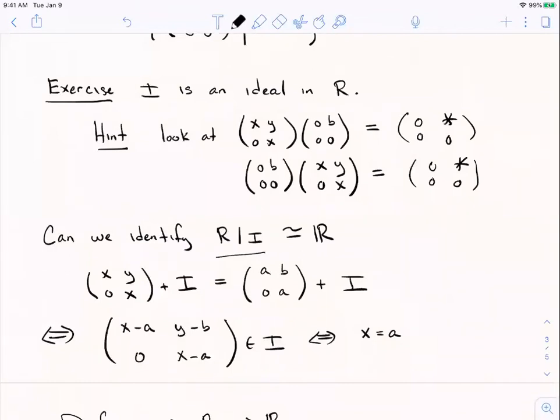I would take the matrix whose diagonal entries are 5 and 5, and then let the upper right-hand corner entry be any real number you like. And that's how I would get all the elements in that coset. So the coset corresponds to the number that's on its diagonal entry. That's my loose interpretation of this. But now I've got to make it precise. We've made a guess for what the factor ring is isomorphic to.